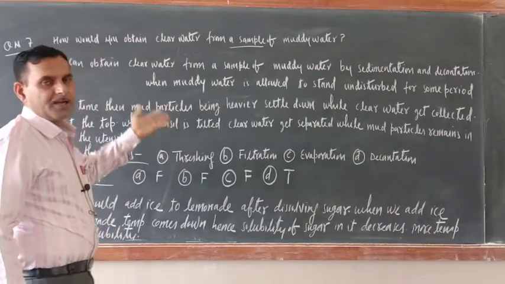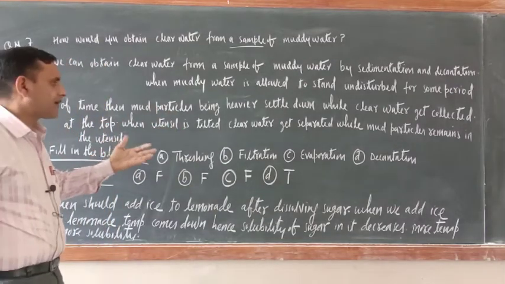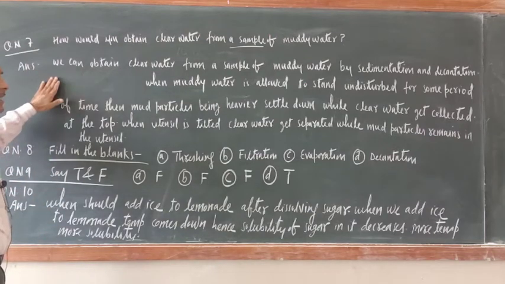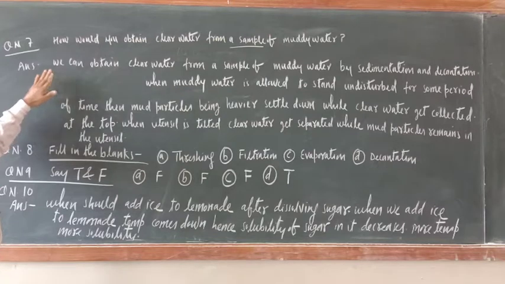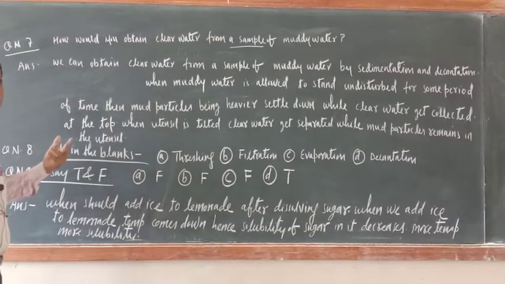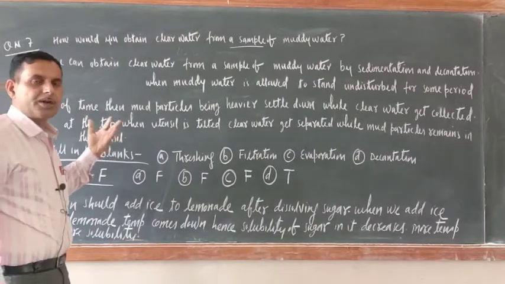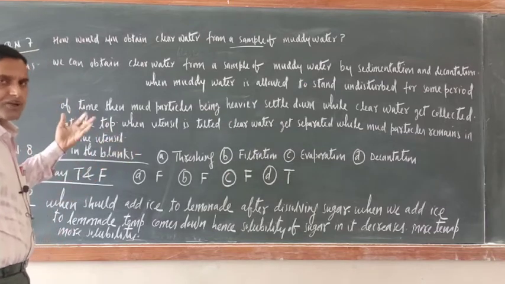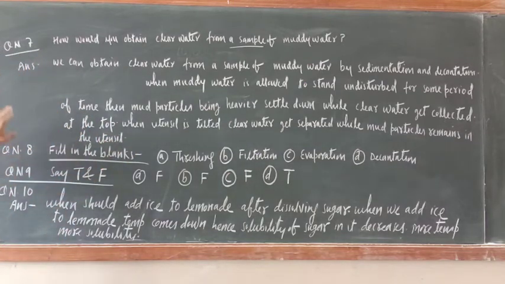In this way you have separated the clear water from the muddy water. So sedimentation and decantation we have used at almost two places. It doesn't mean that they are wrong, they are correct only. According to the nature of the components of the mixture and the amount of substance we have taken, we should choose the method. In this way your exercise is over.